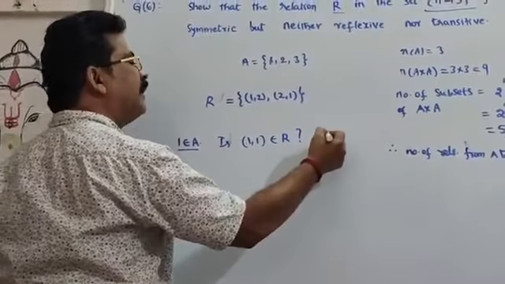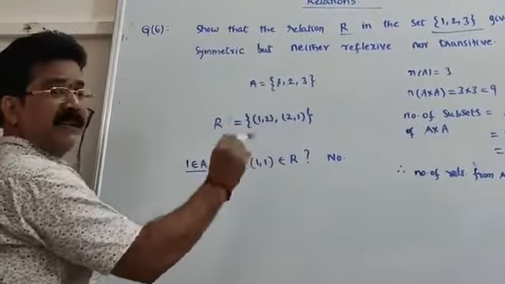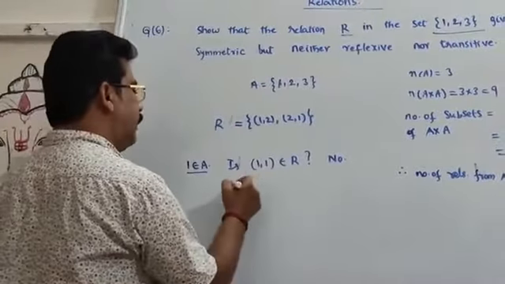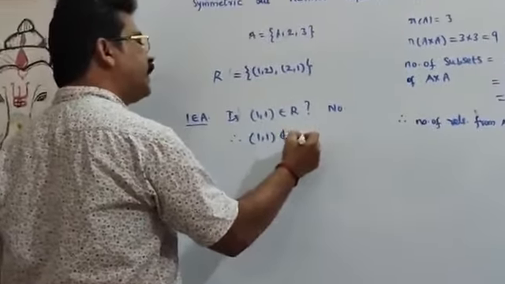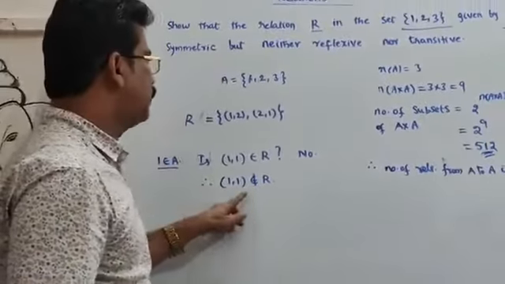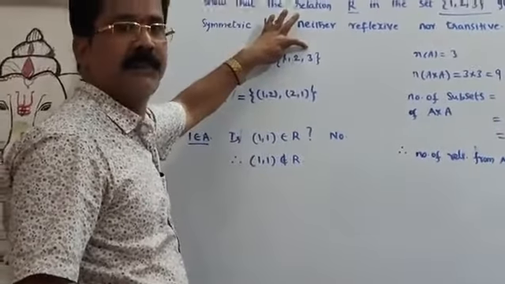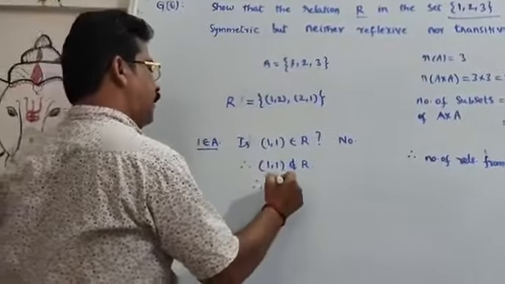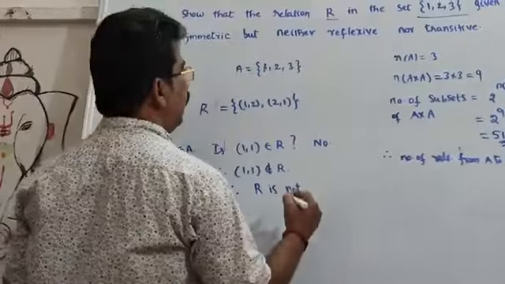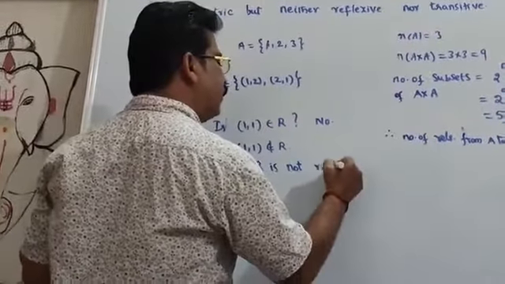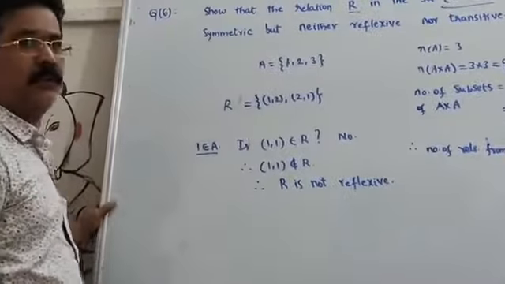Answer, no. Therefore, for the first element it has failed. Therefore (1,1) does not belong to capital R. Of course, (2,2) does not belong to capital R, and (3,3) does not belong to capital R. Therefore R is not reflexive.